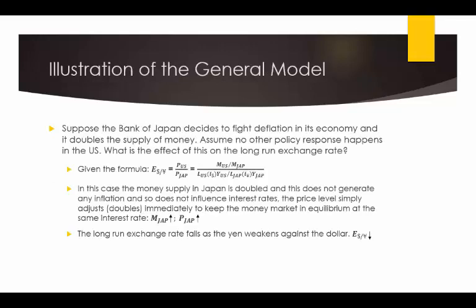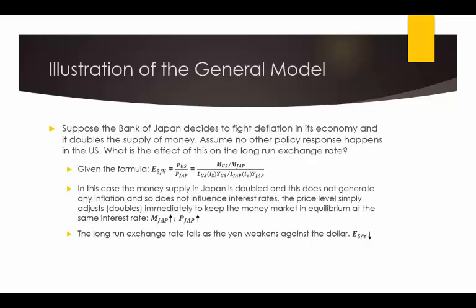Let's consider now an illustration that utilizes the general model as follows. Suppose that the Bank of Japan decides to fight deflation and it doubles its money supply. Assuming that no other changes happen to real incomes in Japan or the United States and there is no monetary policy action taken in the US, what is the effect of this policy on the exchange rate?